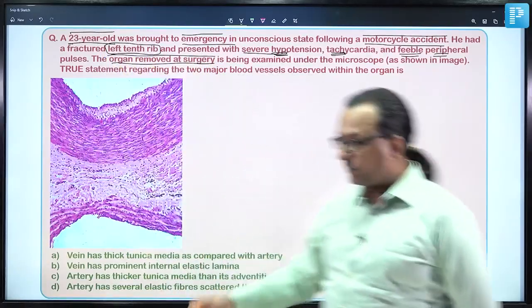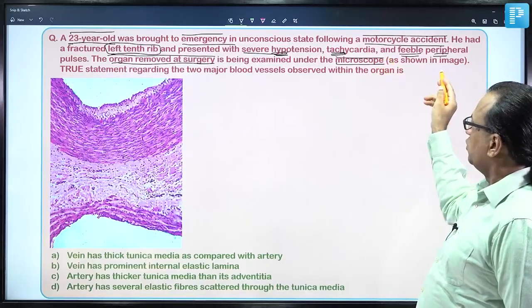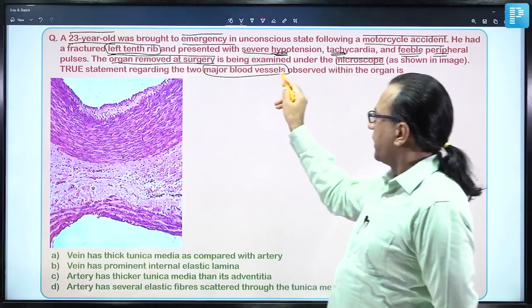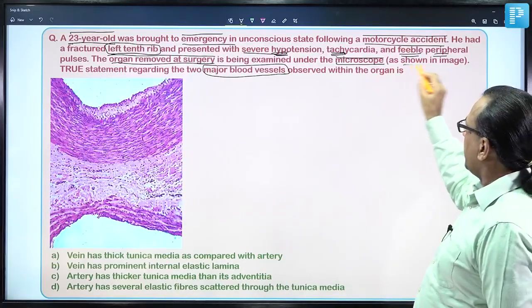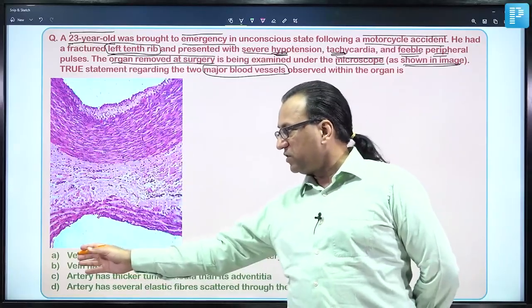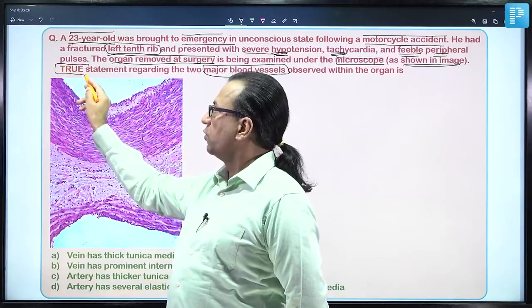Some histopathological specimen has been taken, and we have observed two vessels. Now, there are two major blood vessels, that is splenic artery and the splenic vein. That's what is shown in the image. And we have to compare them so as to answer the true statement. The question is asking us about the true statement.